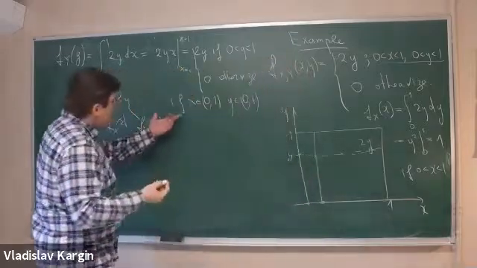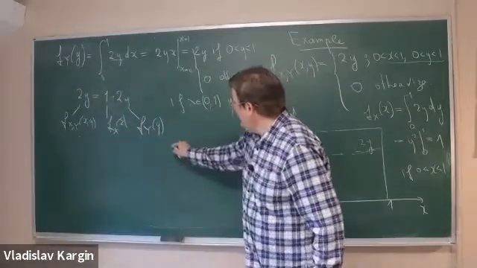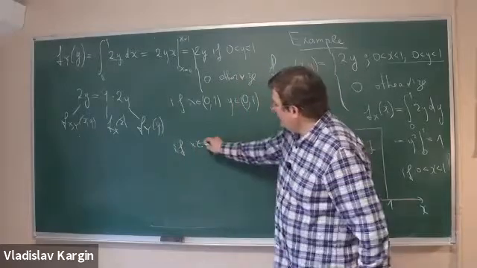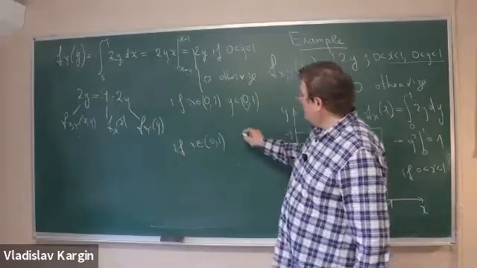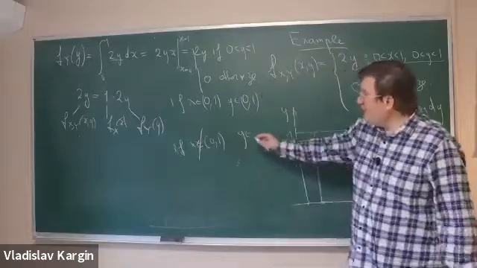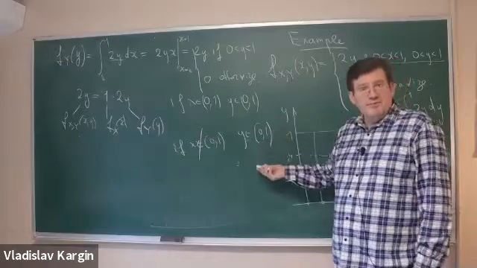For example, what if x doesn't belong to the interval from 0 to 1, but y belongs to the interval from 0 to 1? This is also a possible case.